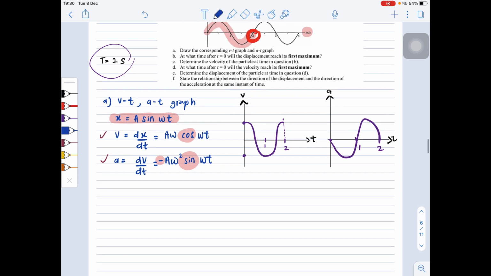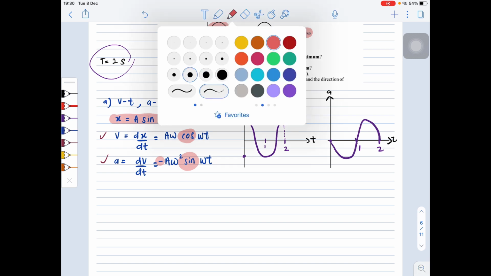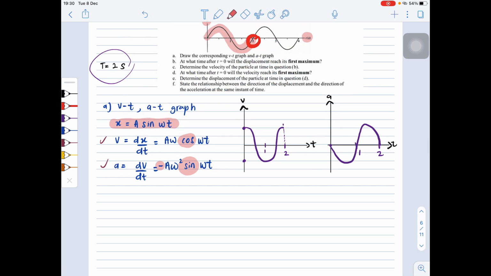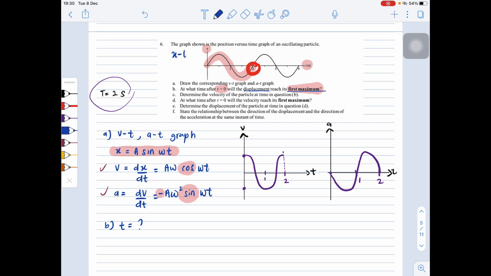Okay, so next one, we want to find at what time after t is equal to 0 will the displacement reach its first maximum. So we want to find the time here. So this one kita refer kepada xt graph. So selepas t sama dengan kosong, t sama dengan kosong di sini kan.